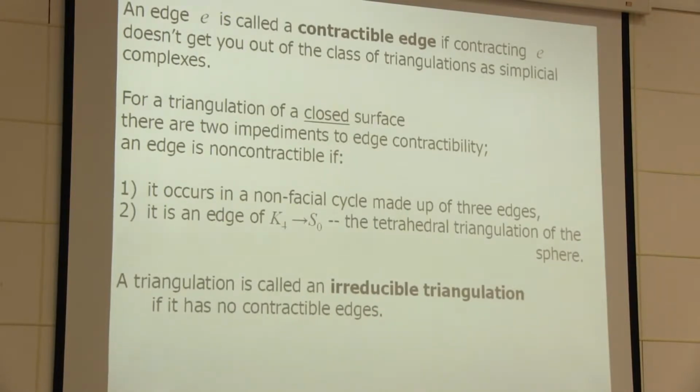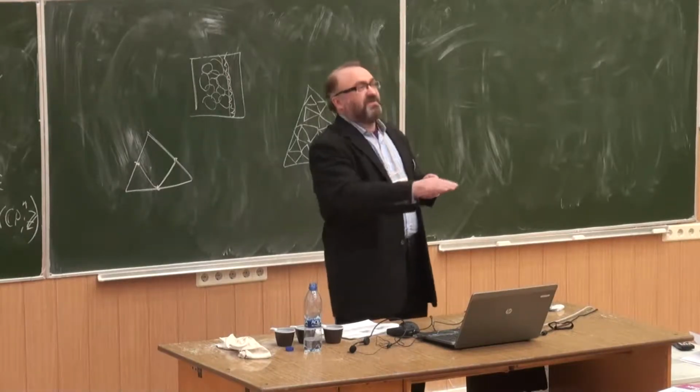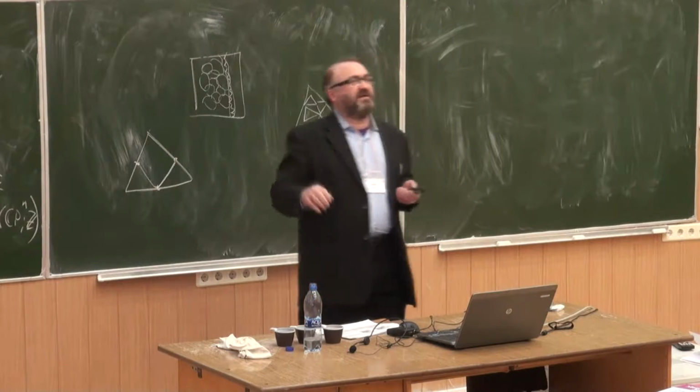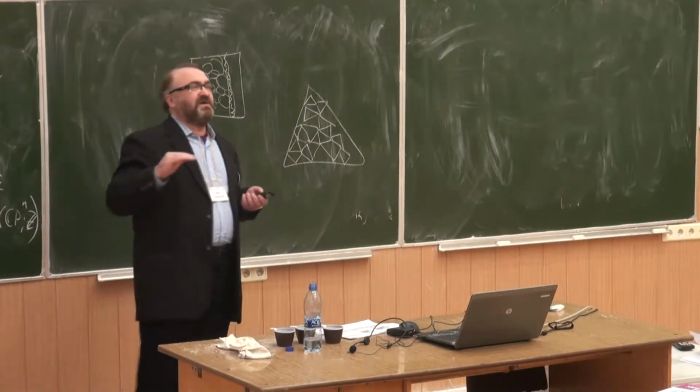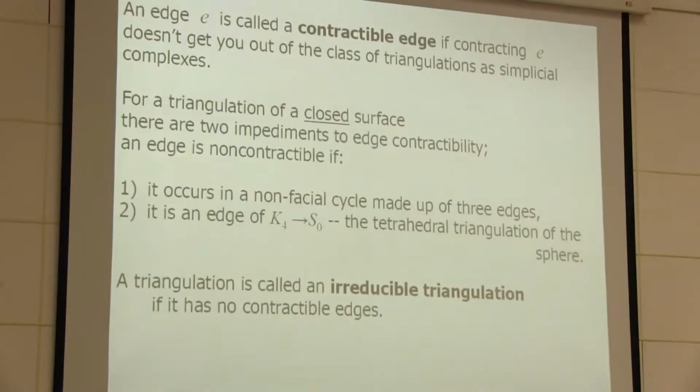Only 2 impediments, and pay attention that the second one applies specifically to the spherical case. If you have a triangulation over the torus or a higher genus surface, maybe a non-orientable closed surface, then only the first impediment will work. You cannot contract an edge only if it occurs in some non-facial cycle of length 3.